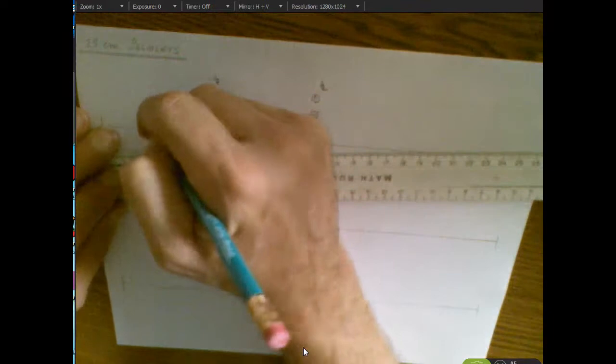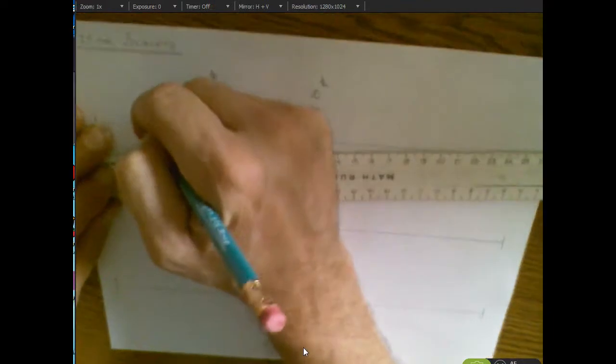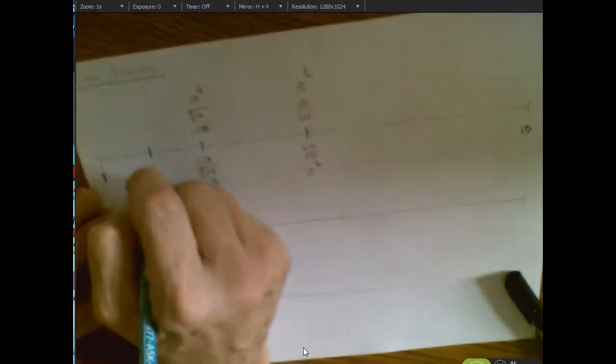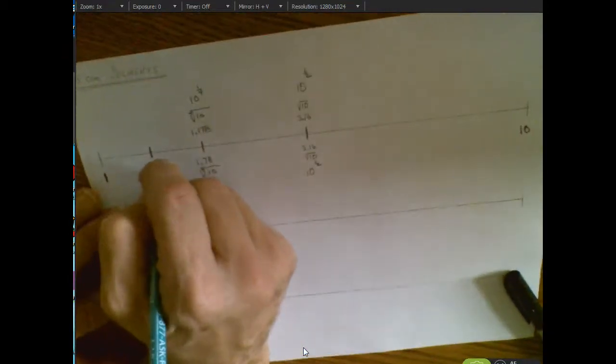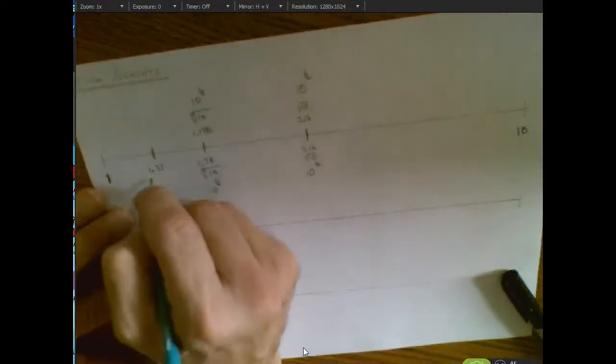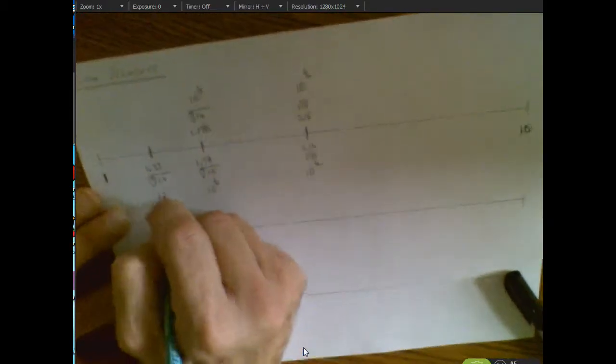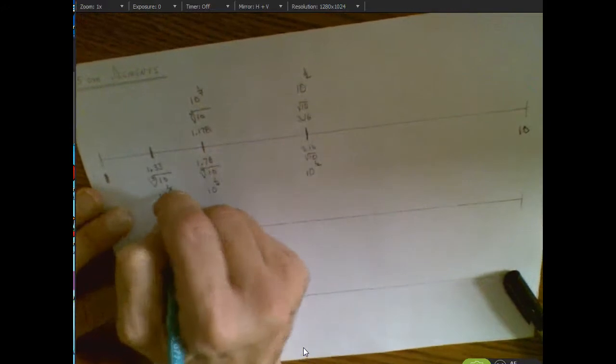I'm not saying you're going to have this exact. I want us to understand the concept of how the scale is built. So I'm going to put 1.33 first. Then I'm going to put the eighth root of 10. And then I'm going to write 10 to the 1/8.